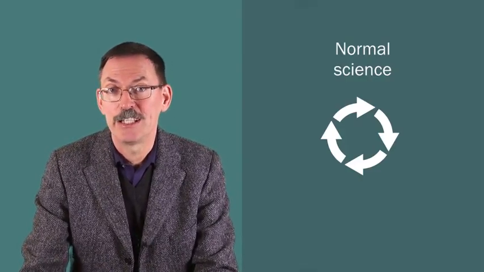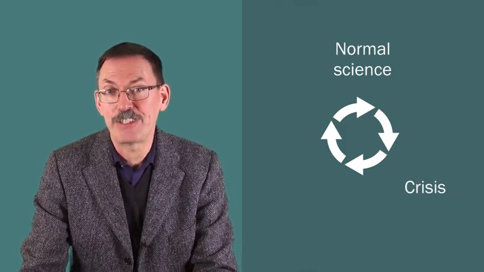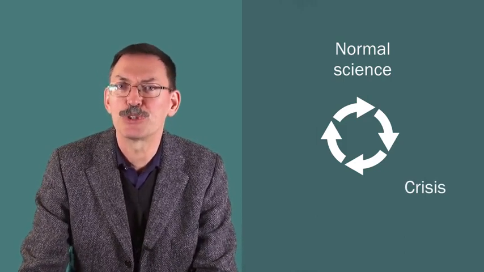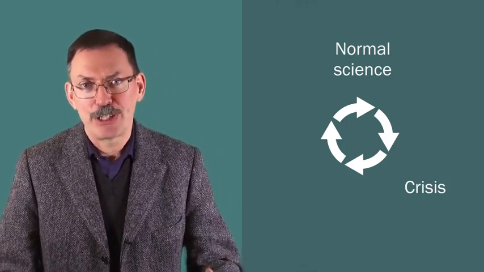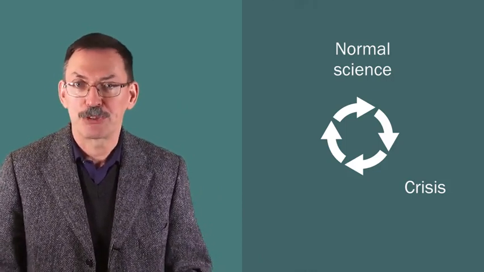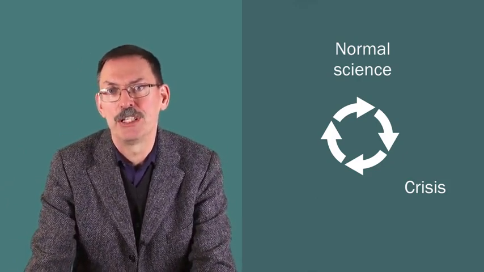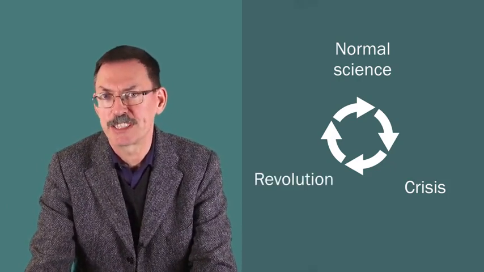And then Kuhn thinks when that happens, we enter a new phase in the cyclical process, the phase of a crisis, when scientists in that field literally feel they are losing the ground under their feet. They don't quite know anymore what to do, how to go on. Eventually, during this period of crisis, a number of new paradigms emerge, new ways of doing chemistry or physics, or new ways of doing this kind of research. And then eventually the scientific revolution ushers in a new phase of normal science.